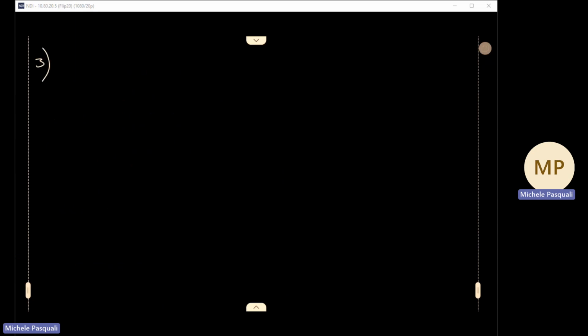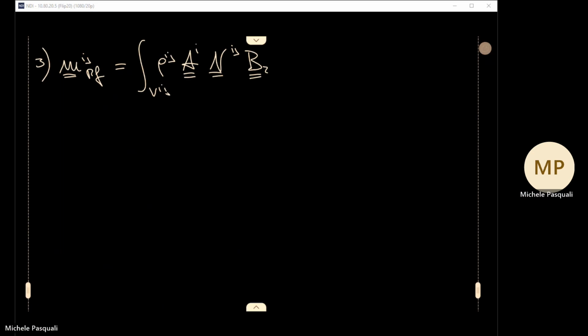Three, M art F. Well, by definition, again, we take into account the density, rotation, N, then we have B, and then we have the Bij.